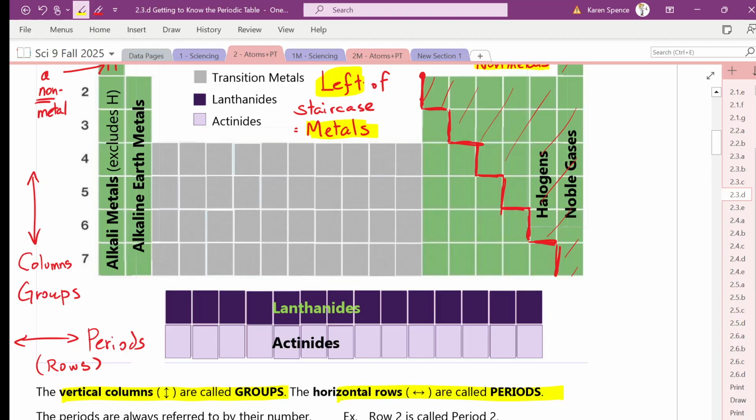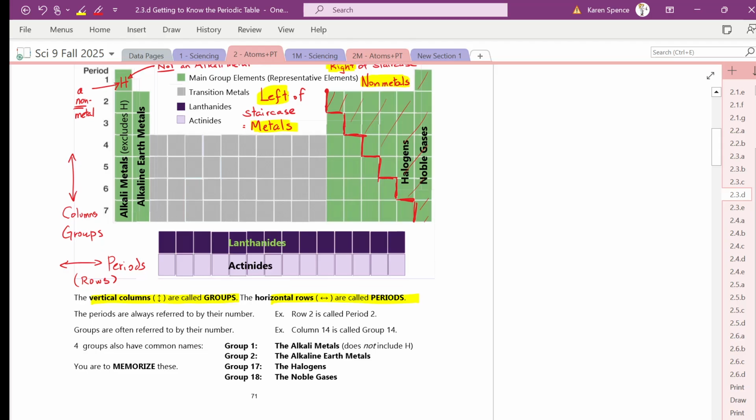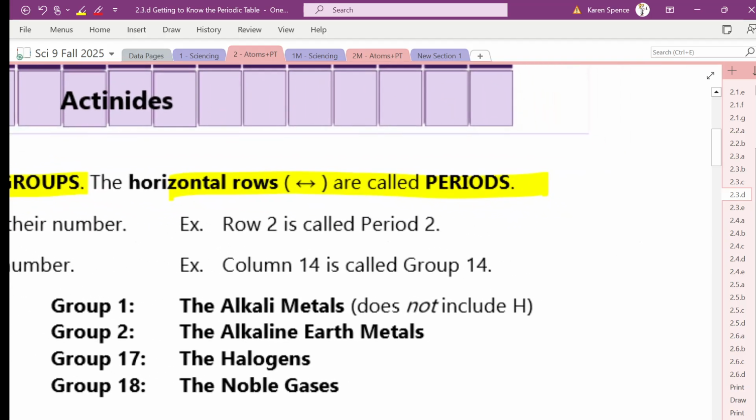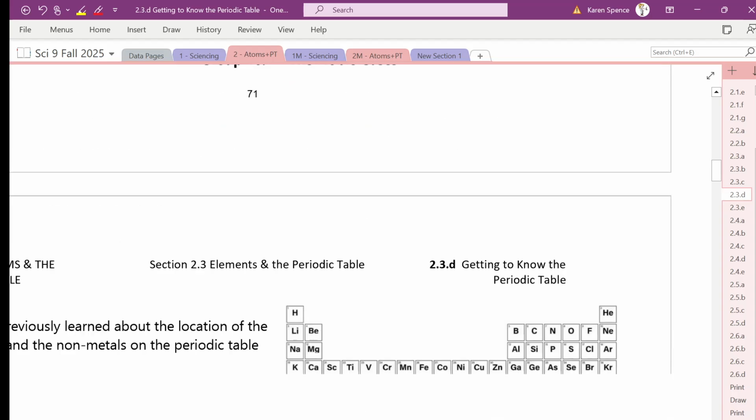Periods are always referred to by their number. So you could say row 2 is called period 2. Row 3 is called period 3. Alrighty. And you must memorize group 1, 2, 17, and 18: the alkali metals, the alkaline earth metals, the halogens, and the noble gases. All right.